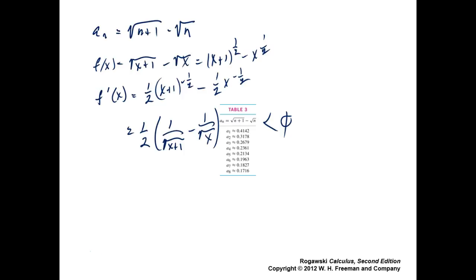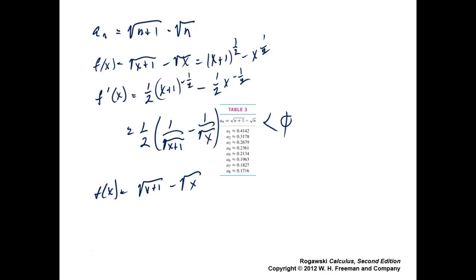In fact, we can show that L is equal to 0 by noting that f of x can be written as, and they do another little thing here. Here's a trick. F of x is equal to the square root of x plus 1 minus the square root of x. We already determined that, right?